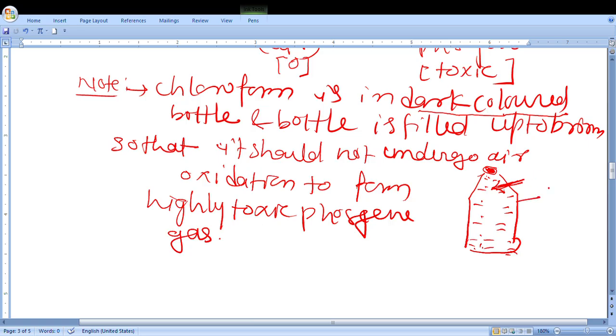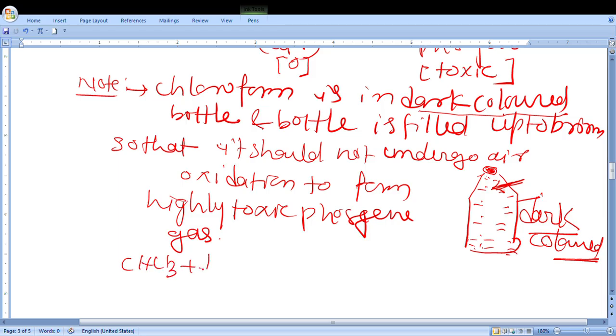This is the dark colored bottle, and it is completely filled, because air oxidation causes phosgene. Once again I am writing the equation for the air oxidation of it.